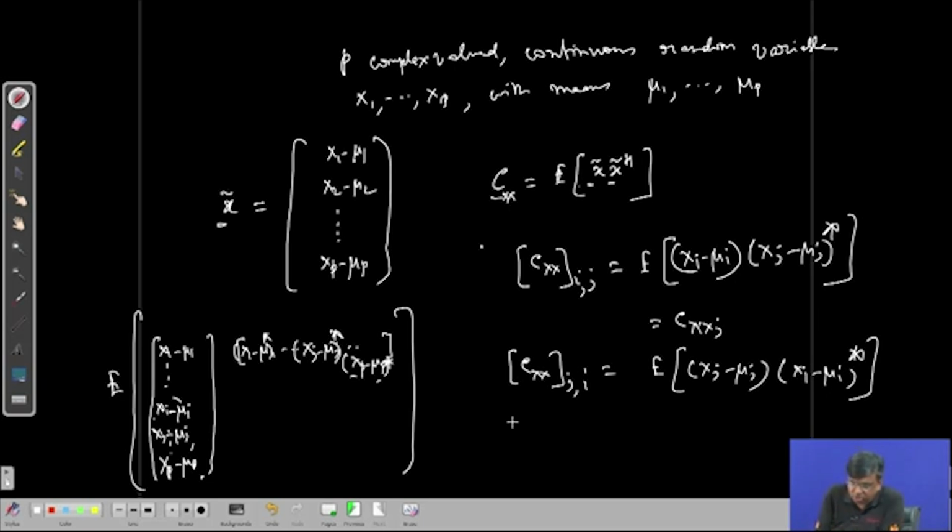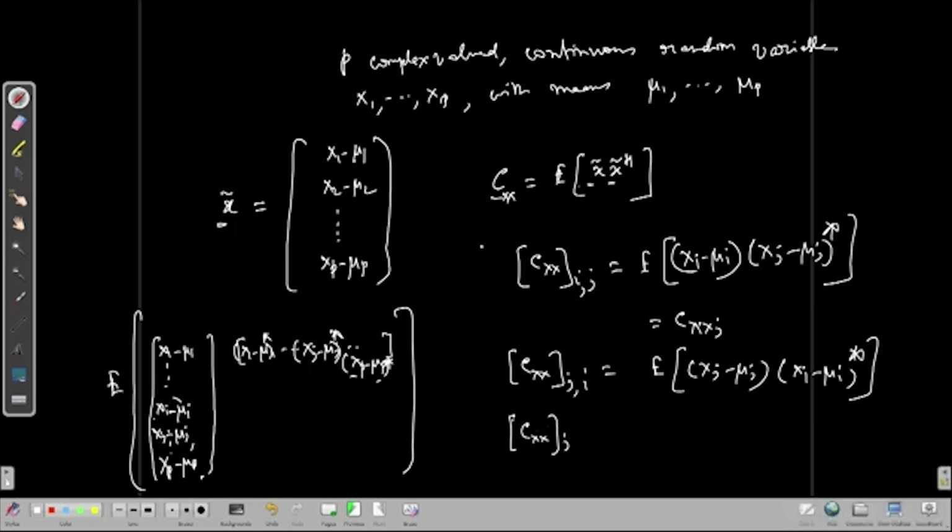So, therefore, suppose I take the complex conjugate of this, what happens? The entire thing here has to have the conjugate applied.